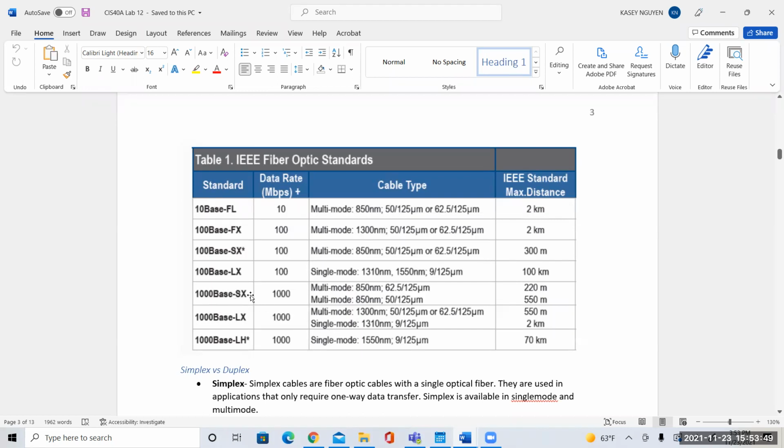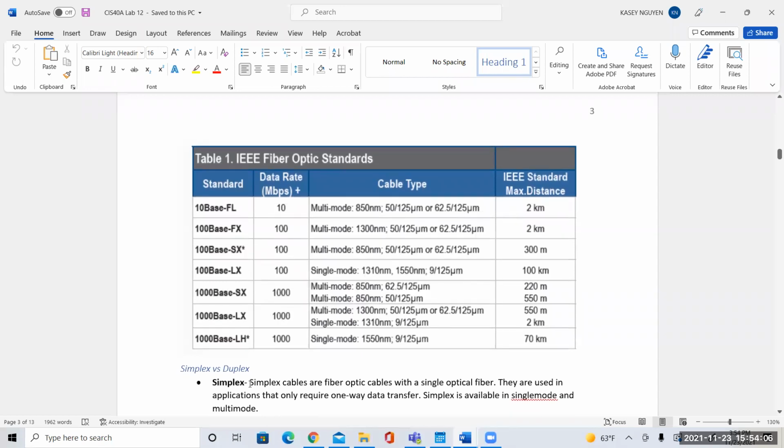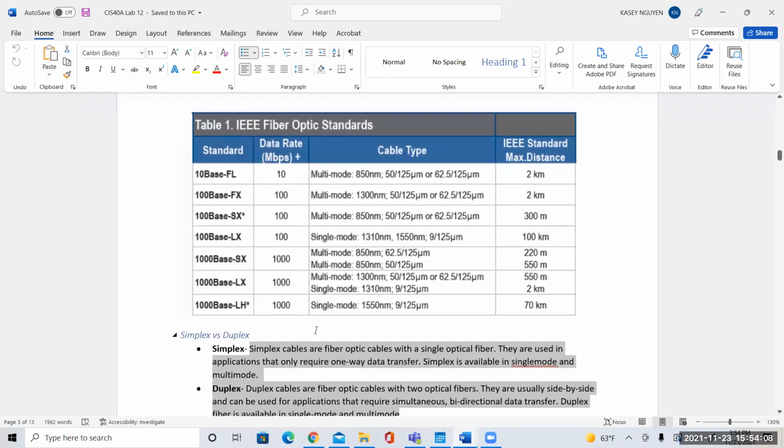So SX is multi-mode only, that's 850 nanometer. But sorry, I can't come up with the reason. I'm assuming it has something to do with the way it's sending signal, like simplex, duplex, and all of that.